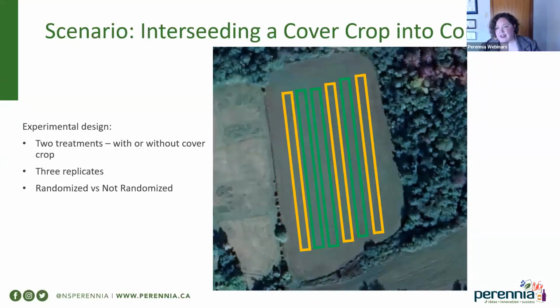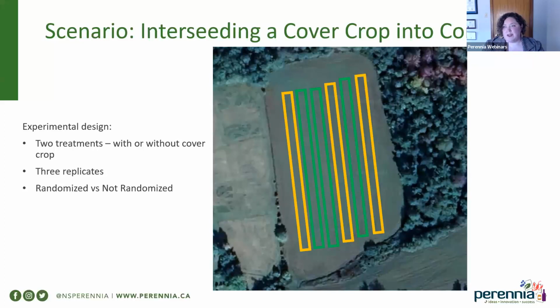This is the exact same field, exact same treatments, but these ones are randomized as well. So it's a little bit more work because you have to mark out not just the split down half the field, but you have to mark out every single strip that you do, because it's going to be something a little different. But you're still going to get those same 3 measurements.